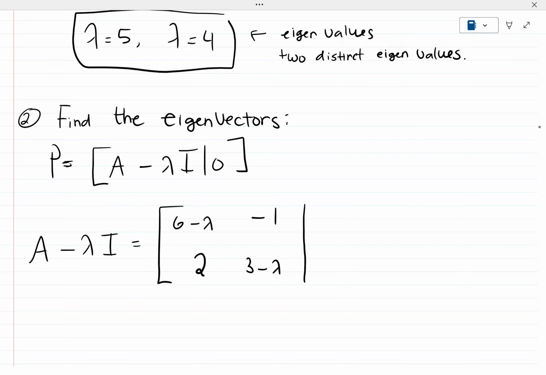So it's almost the same thing as step 1, finding the determinant. All we have to do is augment it with 0.